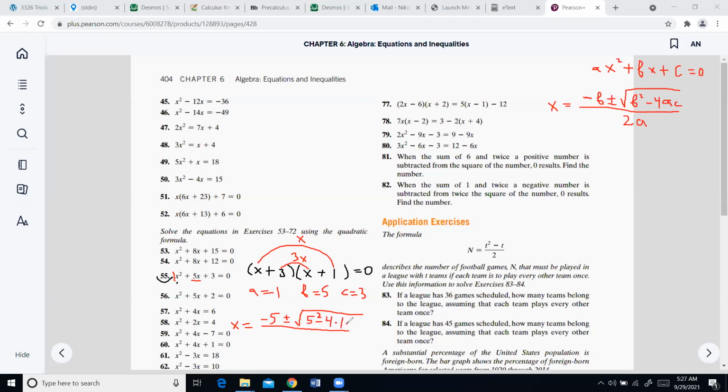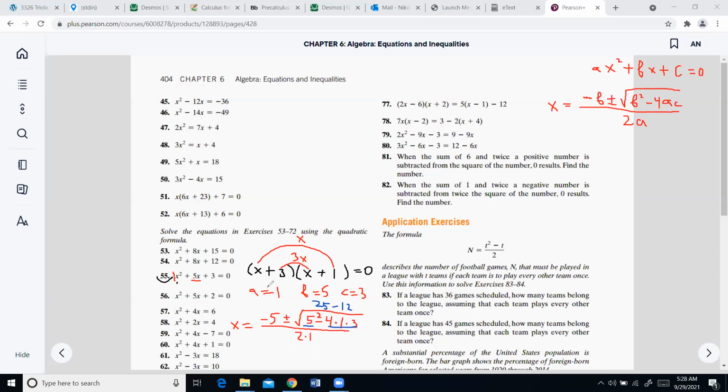So instead of a, I use 1. Instead of c, I use 3. And then I divide this by 2a, which is 2 times 1. So my answer should come from this formula. And this will deal with 25 minus 12, because 5 squared is 25 and 4 times 3 is 12.